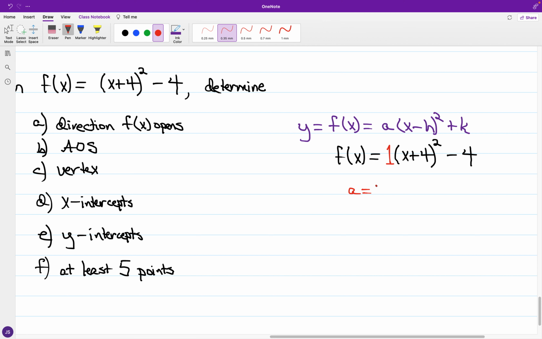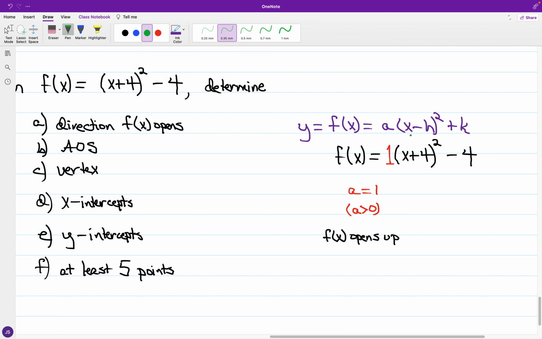So a is equal to 1. So a is positive. So the graph of f of x opens up.